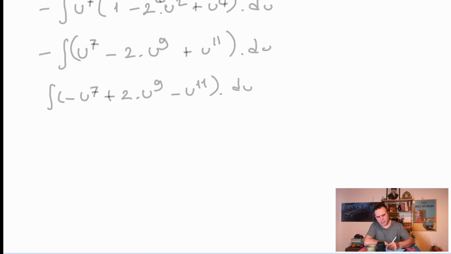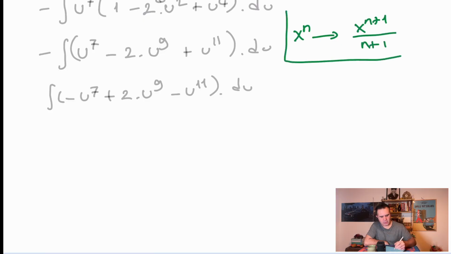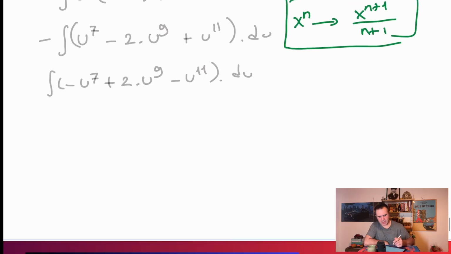Okay, we know that the integral of a power function, let's say x to the n, is equal to x to the n plus 1 over n plus 1. We add 1 to the exponent and divide by the new exponent. Now we use this method to integrate them.